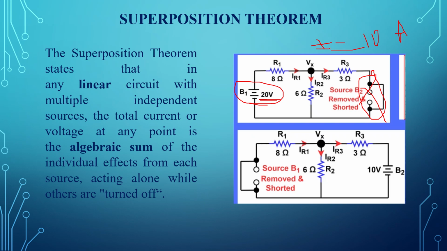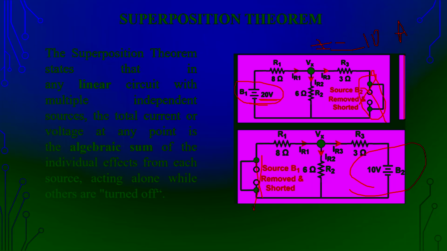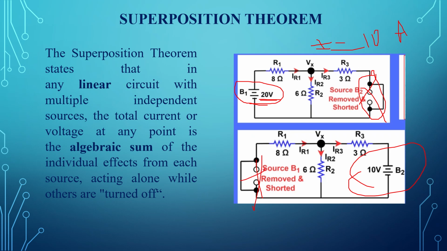Next we have to short this source, and the other source acts alone while the others are turned off. At that time with B2, the current I should be equal to 10 amps, then the superposition theorem is satisfied. So this is about the superposition theorem.